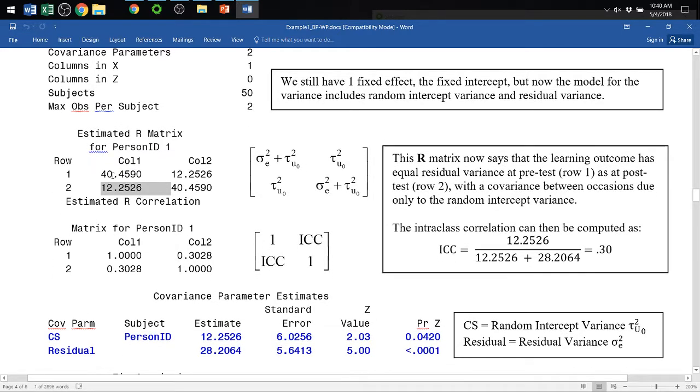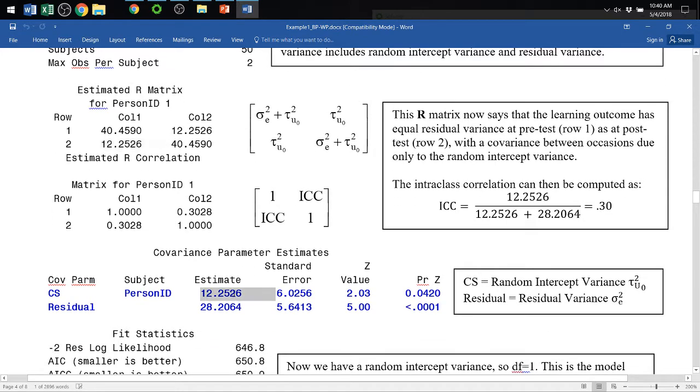So the two numbers that gave us the sum of 40 are reported here. The 12 is my between person, level 2, random intercept, and 28 is within person, level 1, E residual.